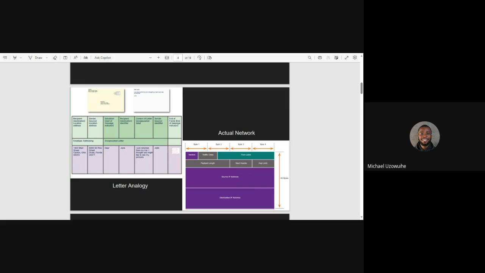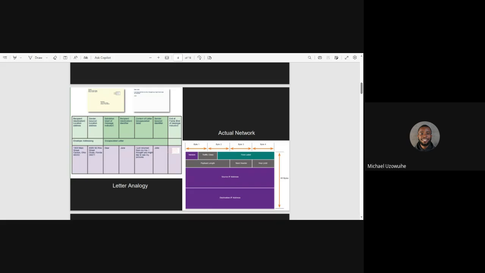So that is an analogy I was trying to relate to you when I'm talking about what protocols help us to do. As you can see, this letter on the left is your normal letter. We have an envelope, we have an encapsulated letter. That is to explain what I was trying to say about encapsulation. Protocols put in place how messages can be encapsulated. So you can see a letter is put into an envelope.